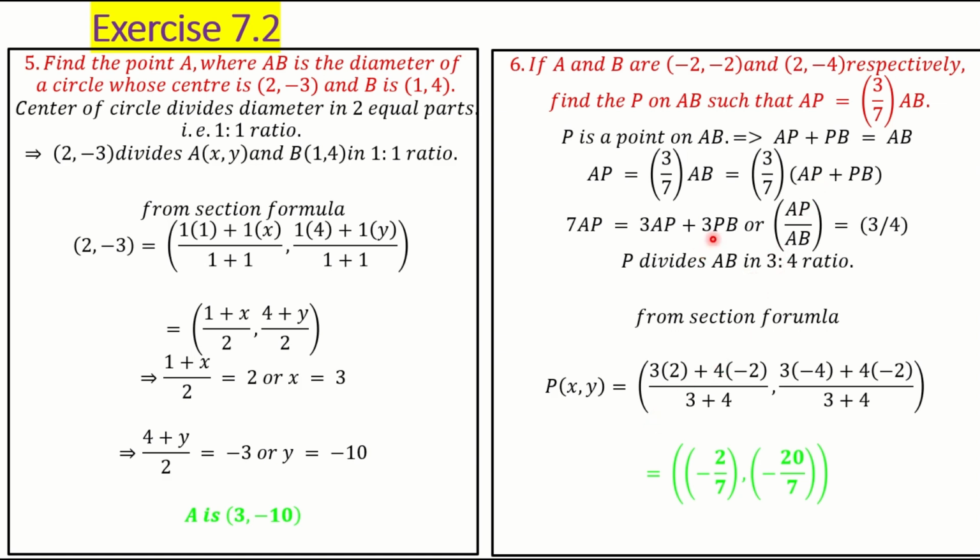You can actually draw a line: APB is basically AB and you have P in between, right? So AP plus PB is AB.